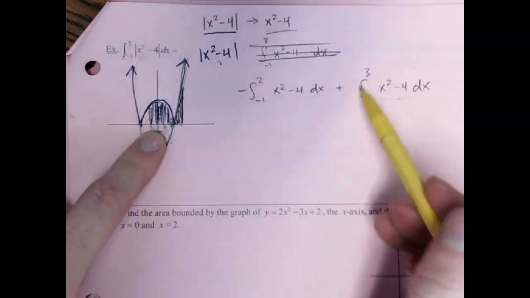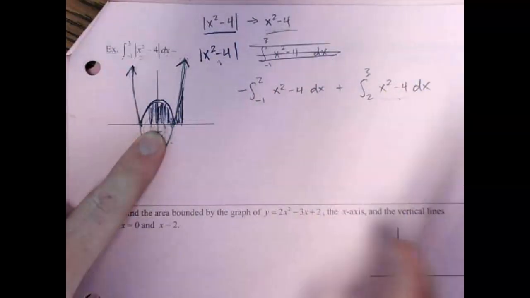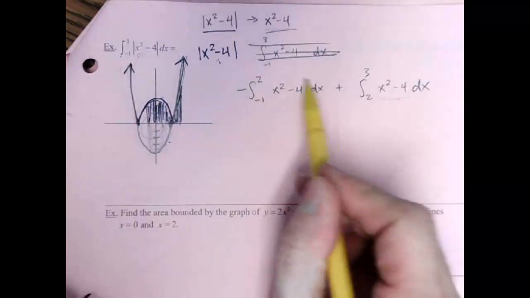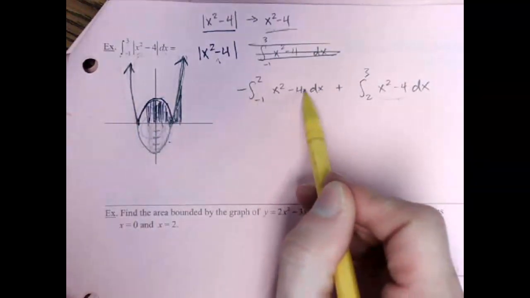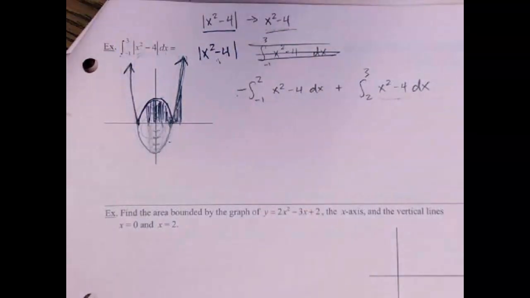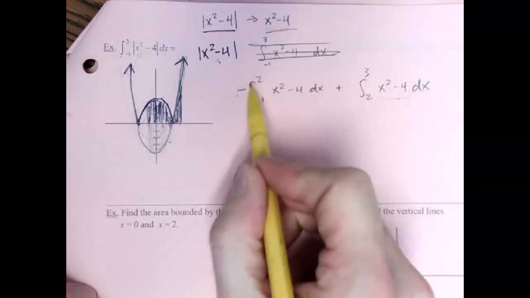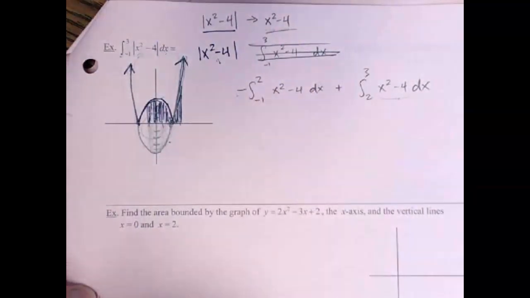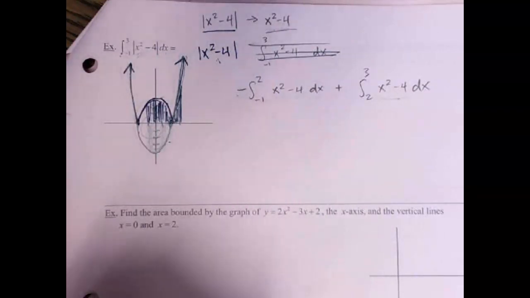The stuff that's positive, you just drop the absolute value bars, you don't have to do anything. But for the regions that become negative, you need to make sure they go back to positive. So you're going to drop your absolute values, but when you do, make sure you snag anything that would be negative, make it positive. Just stick that extra negative out in front. It's a little tricky, but it's not super difficult.